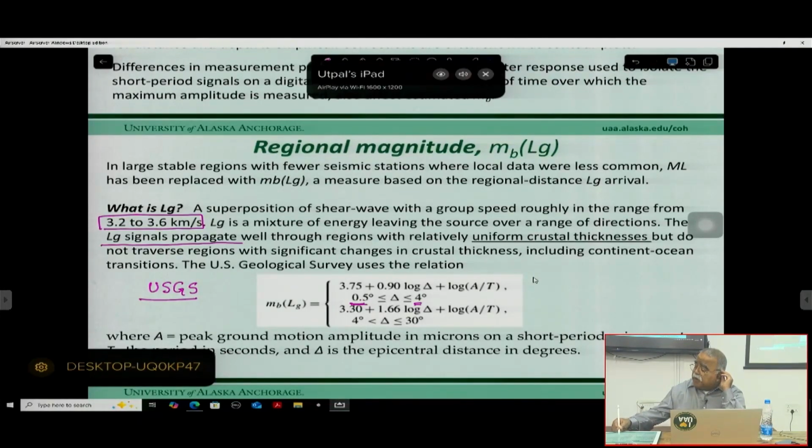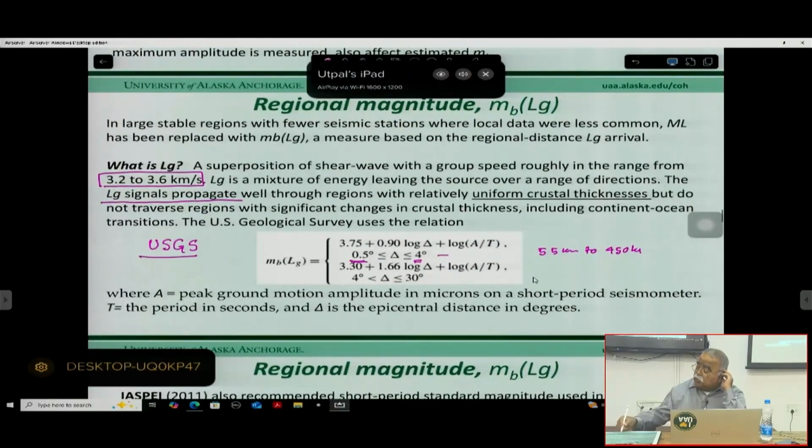So 0.5 degrees means something around 55 kilometers to 450 kilometers distance. You can use that mb(Lg) if you have an earthquake like this with S wave velocity at 3.2 to 3.6.